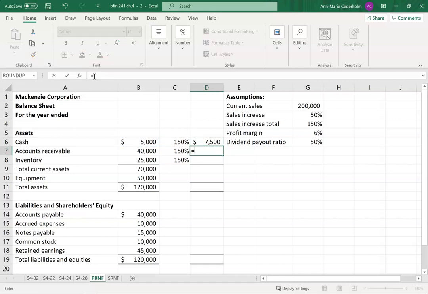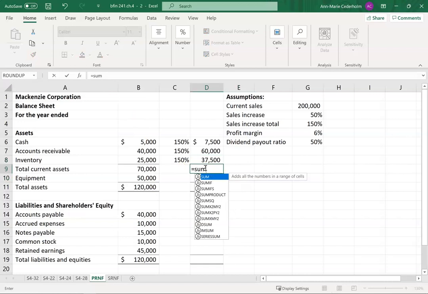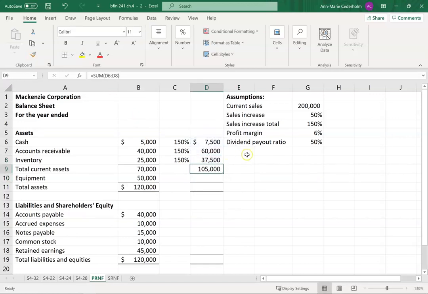We'll do that with accounts receivable, 400,000 times 150% to give you your new accounts receivable balance. And the same thing with inventory. So now I can total that up. So I have my new total current assets: the 7,500 plus the 60,000 plus the 37,500 to give us 105.